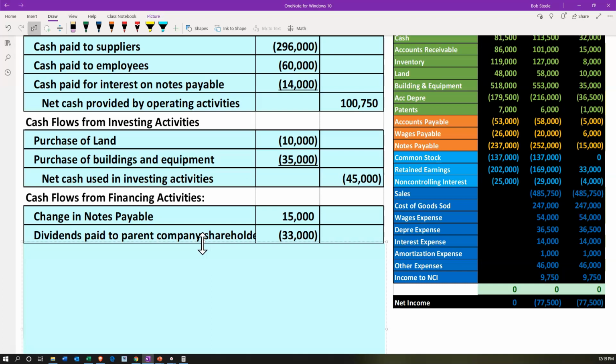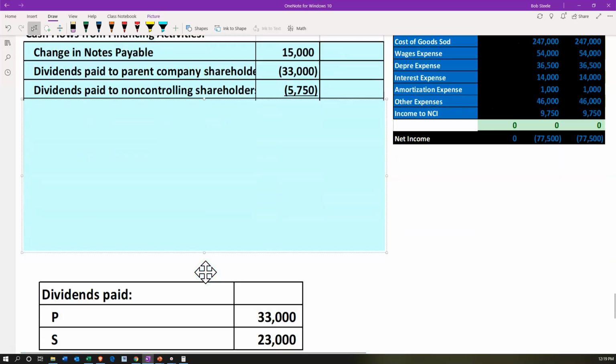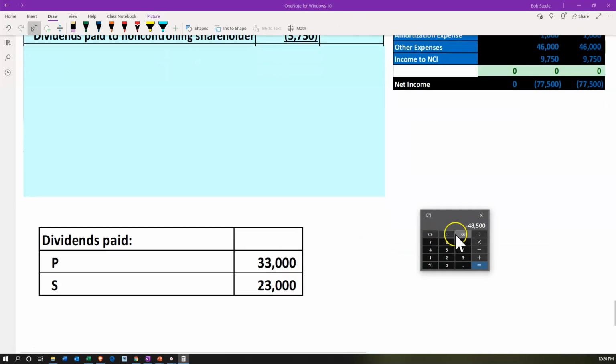Dividends paid to parent company shareholders, that's going to be the $33,000. That's going to be the difference in the retained earnings here, because retained earnings includes dividends and whatnot, so that's the change that happened, and it's going to be a negative because we paid the dividends out. The dividends paid to the non-controlling interest is going to be one of our differences from the consolidated statement of cash flows to the non-consolidated.